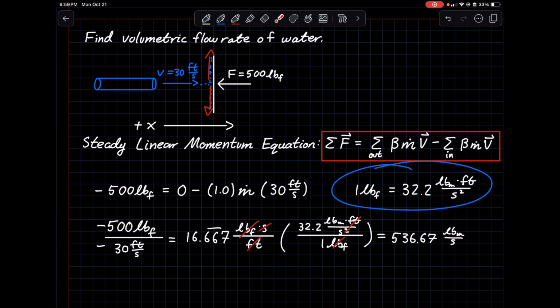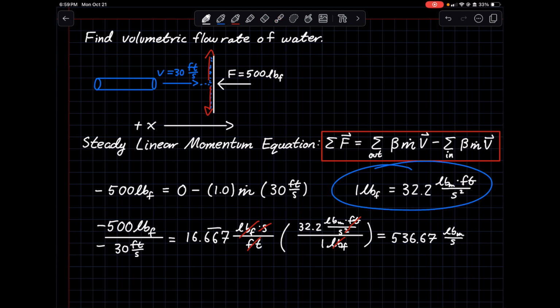This is one of the best unit conversions for the English system. I really recommend getting to know it well. As you can see, how helpful it is, getting us from pound force times seconds over feet into pound mass per second, which is a much better unit to work with.